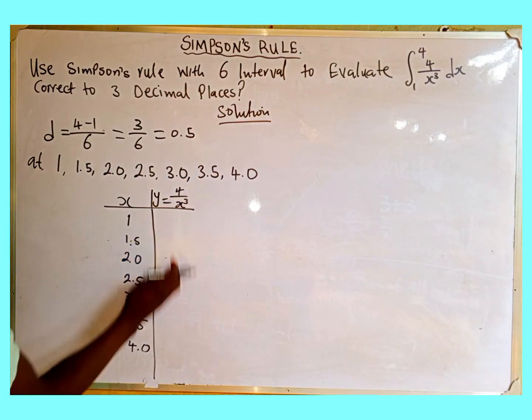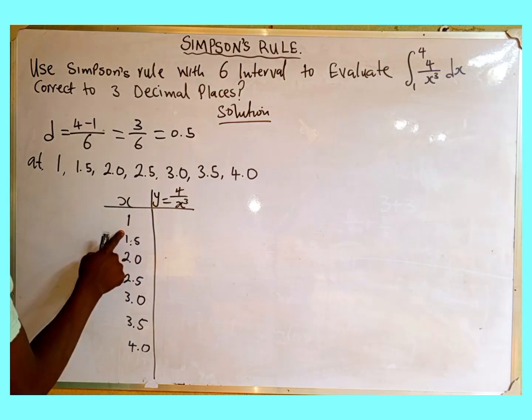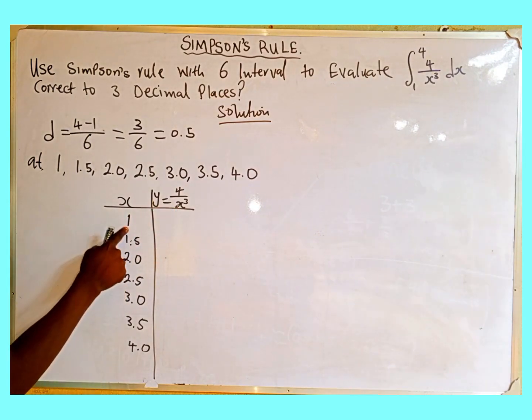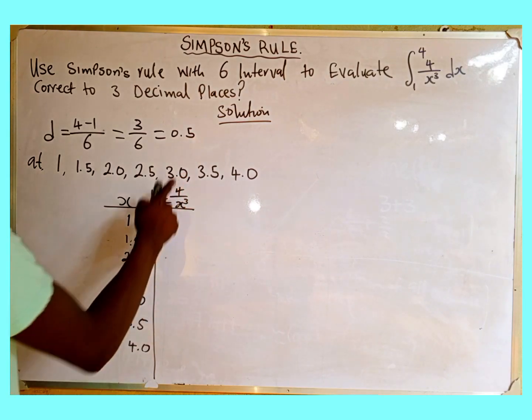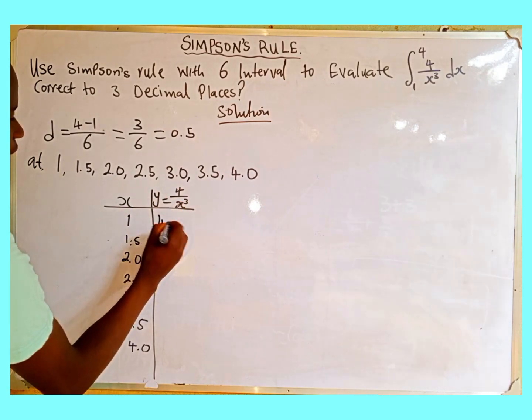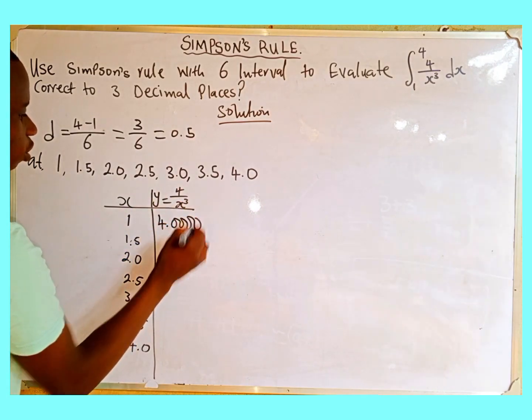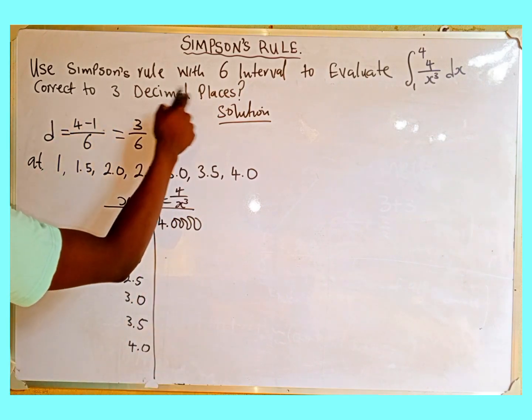To fill this column, anywhere you see x, you substitute all these values. The first one is 1. 1 cubed is 1, then 4 divided by 1 gives us 4. We can write 4.0000 to 4 decimal places, because the question says we should correct our answer to 3 decimal places.